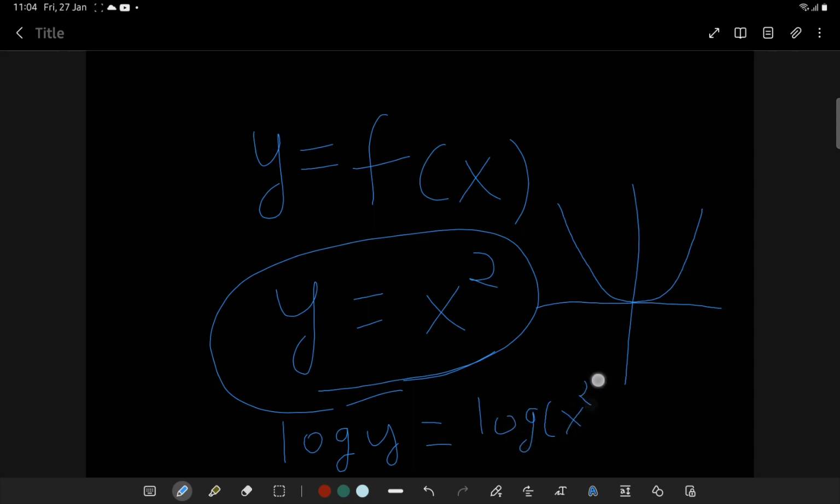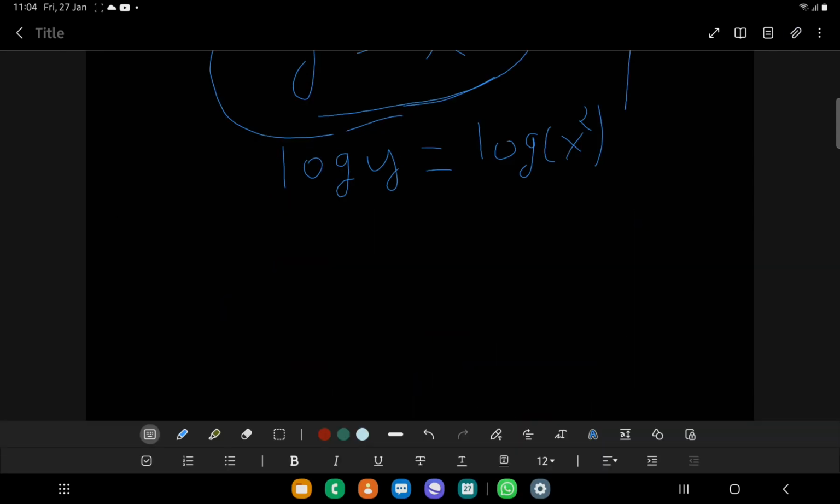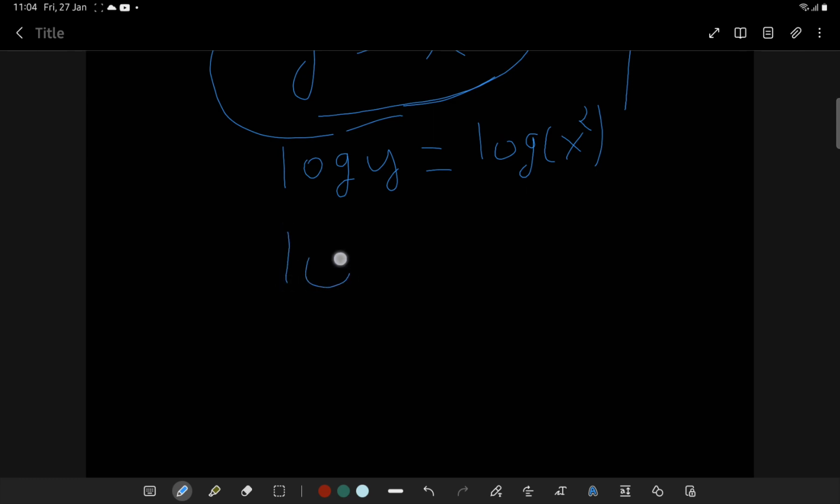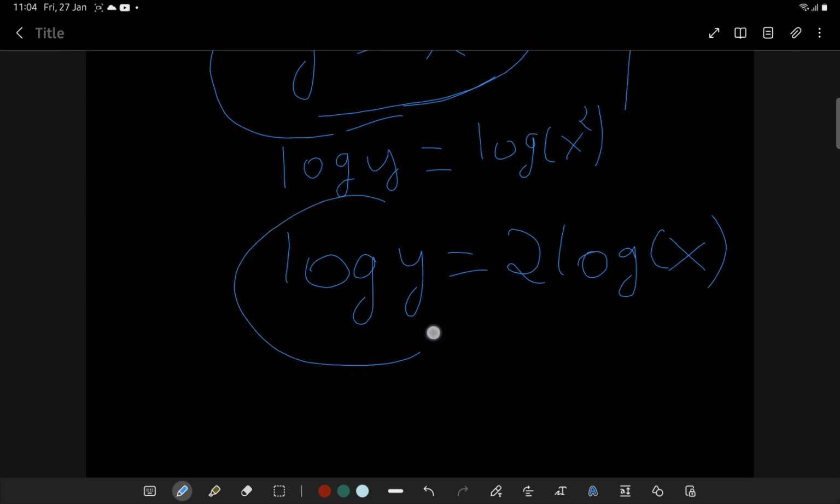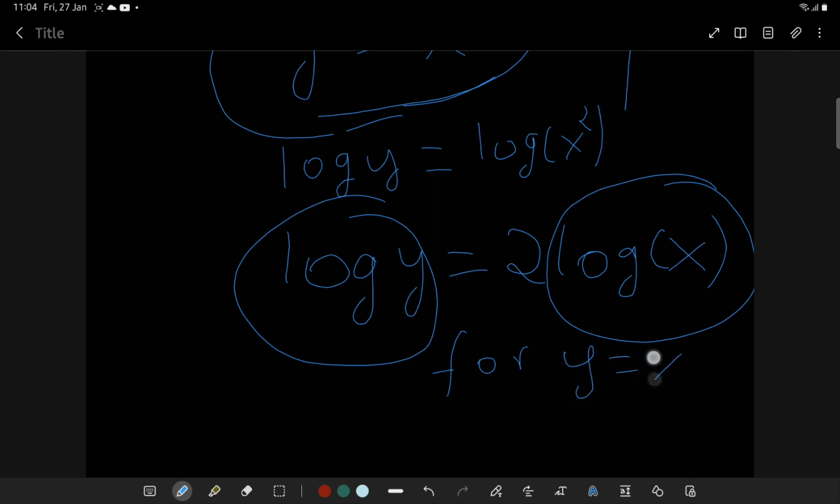Hence, by formula, we get log y is equal to 2 log x, which is nothing but a straight line. That is, now our y is changed to log y and x is changed to log x after we plot in a log graph. So for y is equal to x square, we get a straight line passing through the origin like this in a log graph.